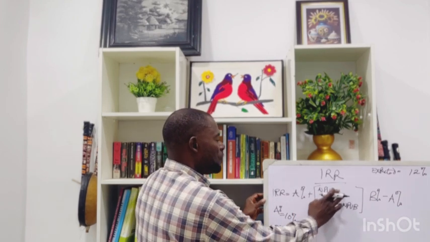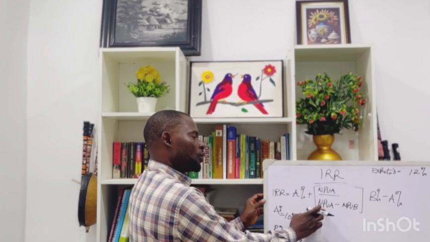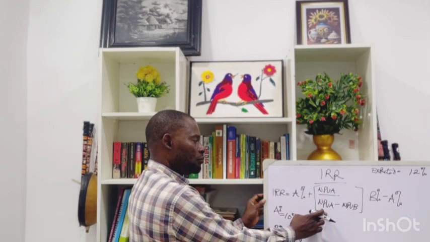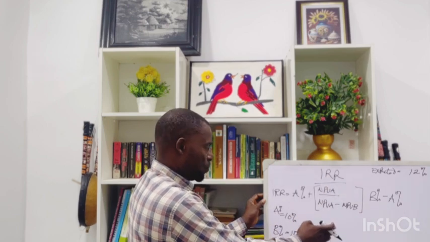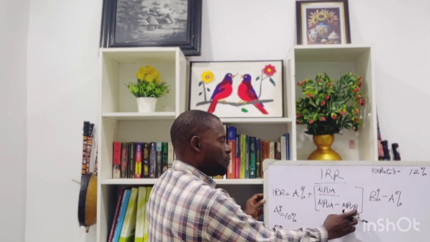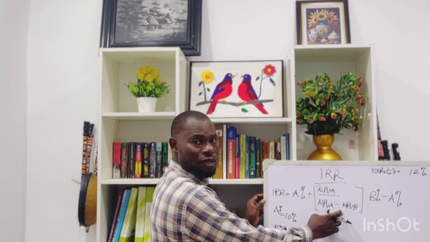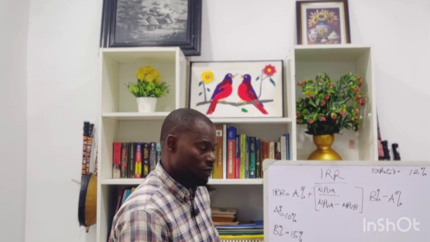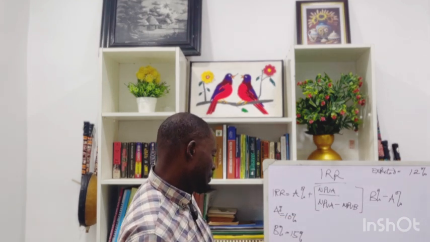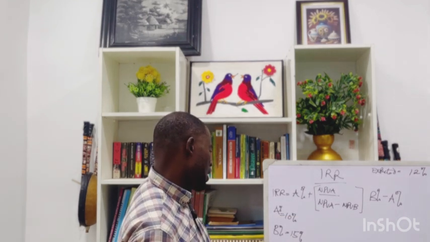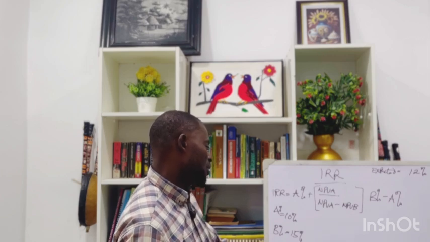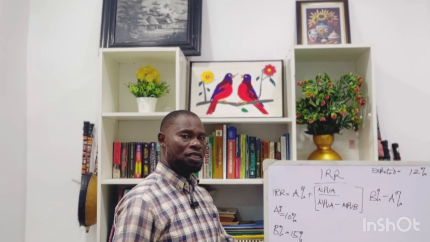Now, NPVA divided by NPVA minus NPVB, the numerator and the denominator. But don't forget that NPVB is negative. So what is our NPVB? We have 5,920. And NPVA is 2,057. Now, let's lock this into the formula.